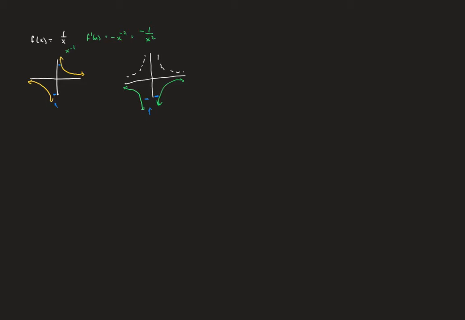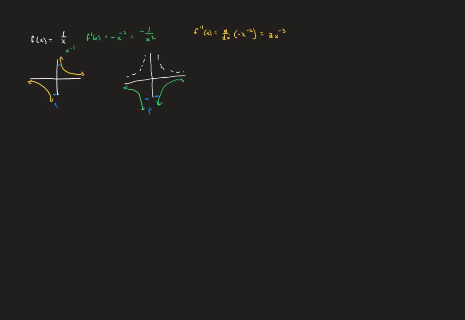And then if we go even further, let's take the derivative of that. So let's find our second derivative. That's going to be the derivative of our first derivative, and we can think of that as negative x to the negative 2. Then negative 2 times negative 1 will be positive 2.